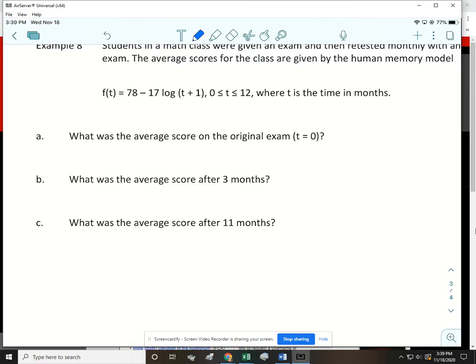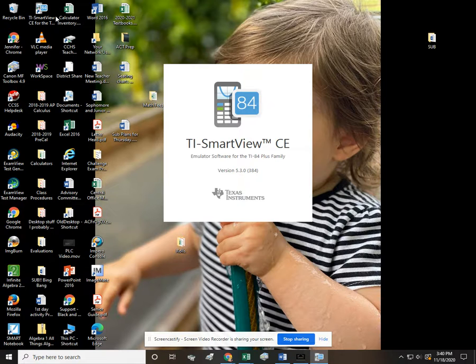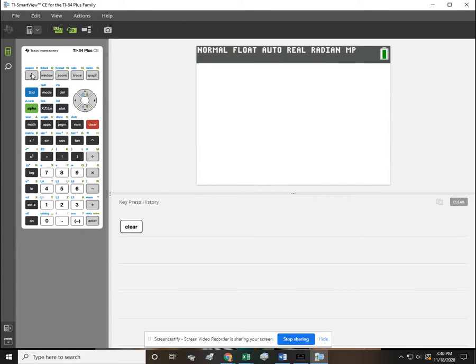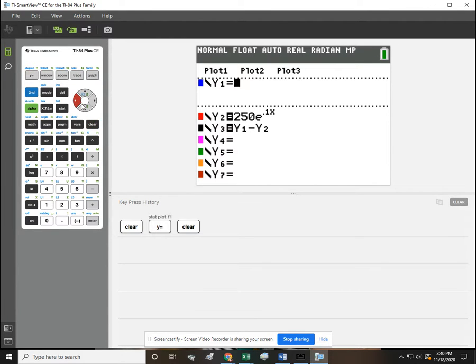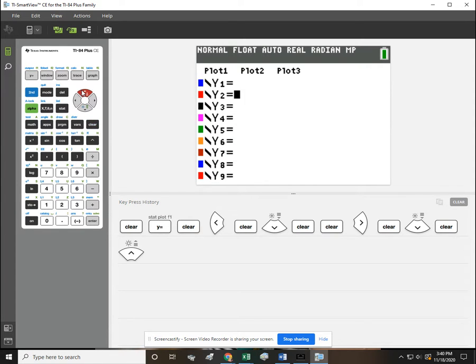So this is a calculator problem. There are different things we can do on the calculator. I am just going to put it in to y equals, and just get what I need from the table.